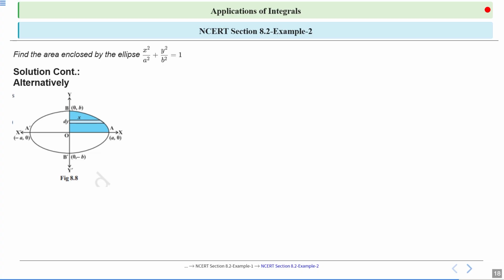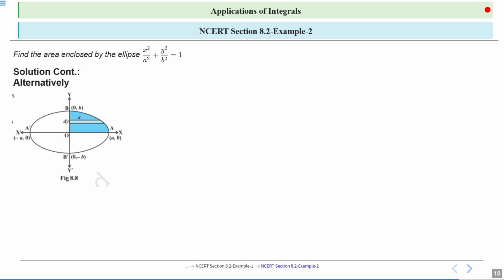Now we have to calculate the area ABOA, and to calculate it we have to find the limits. As we take the horizontal strip, we take the limit for y.